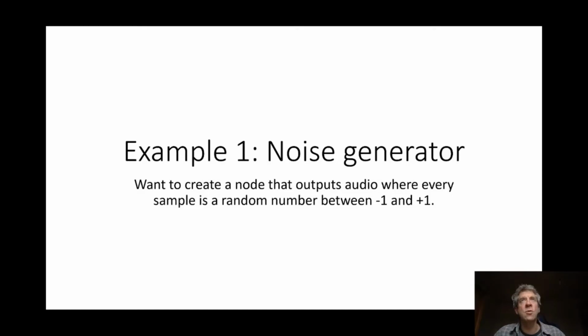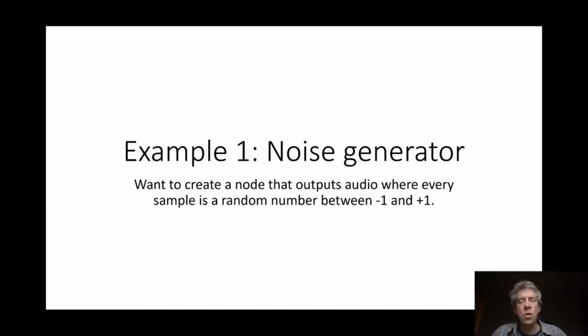Within the oscillator node, there are some standard or default types, like the sine wave, the sawtooth, and the triangle. But what we don't have is an audio node that spits out noise, white noise. So random numbers, uniformly distributed, every single audio sample.